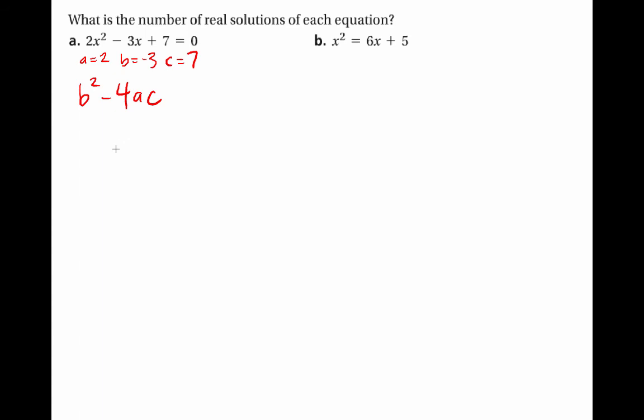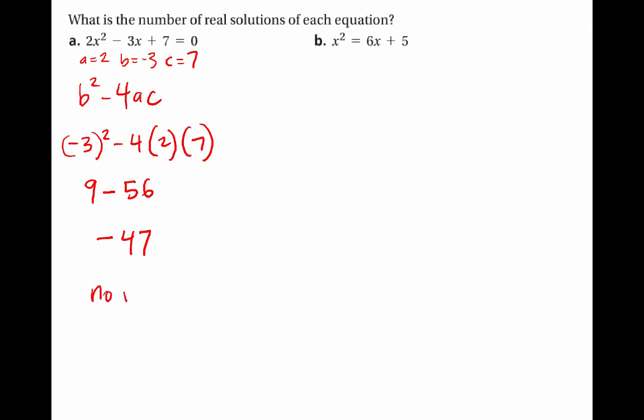Substituting those values into the discriminant, I have -3 squared minus 4 times 2 times 7. So I have 9 minus 56, which is -47. A negative value tells me there are no real solutions.